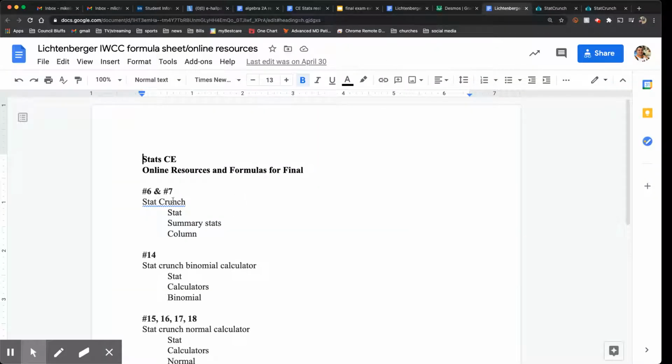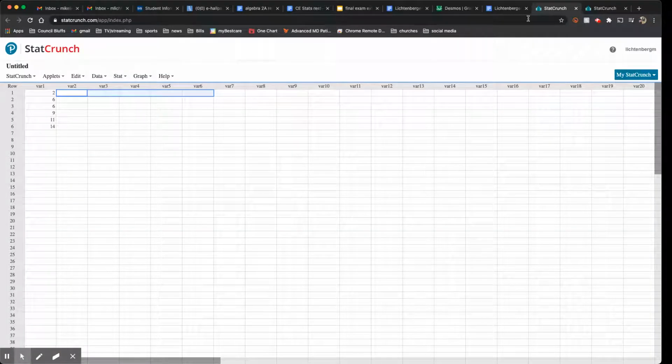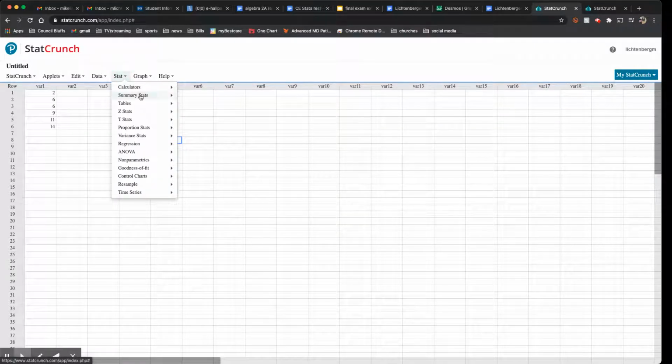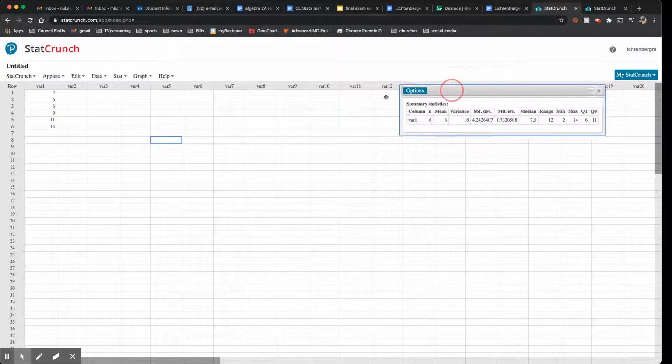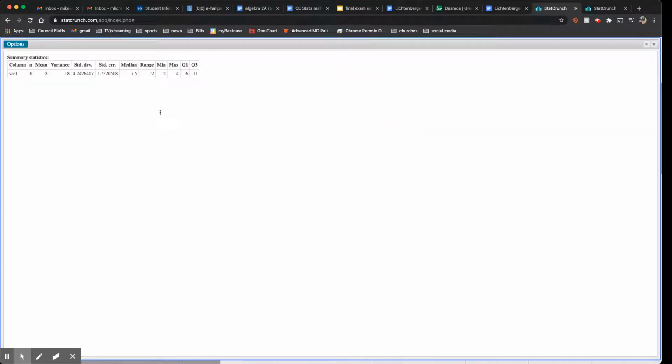So it says here, to find the mean, we're going to do Stat, Summary Stats, Column. All right, so we're going to go Stat, Summary Stats, Column. And I'm going to choose column 1 because I put all the data in column 1. And let's see here.